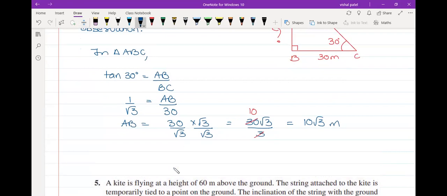is the height of the tower is 10 root 3 meters. Okay, students, any doubt in this? Let me know.